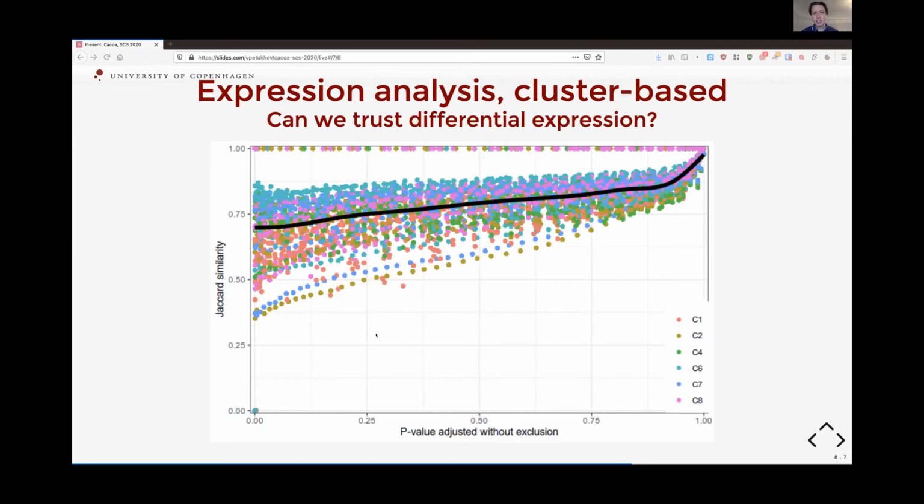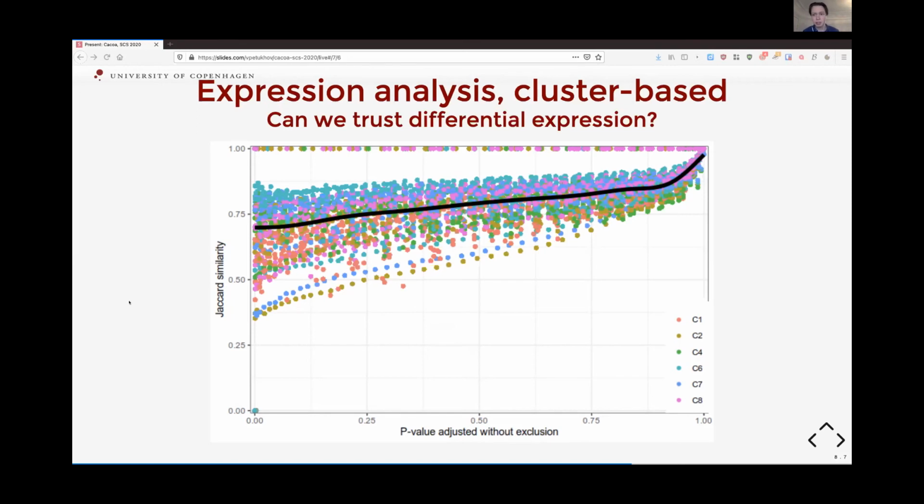Then you can see that even for excluding only 1 sample, you can get similarity as low, on average, as 70%. And if you're really unlucky, then the similarity drops to something like 40%. Just excluding one sample out of 14 would remove like 60% of your differentially expressed genes. And that's kind of nonsense. So we still are trying to deal with that.